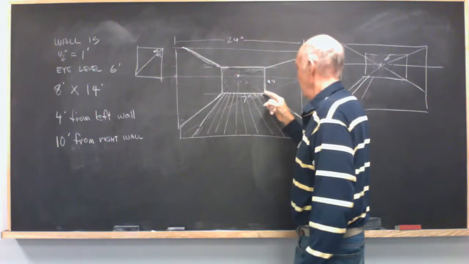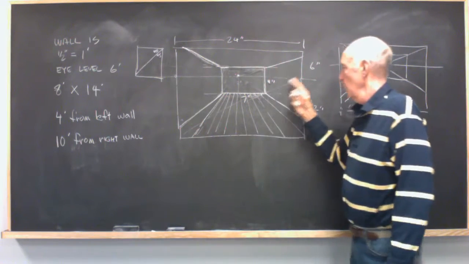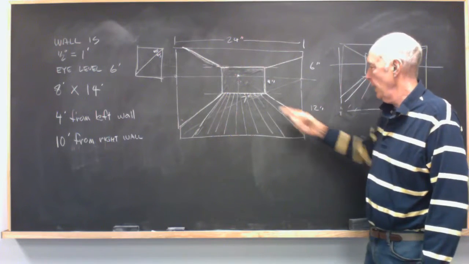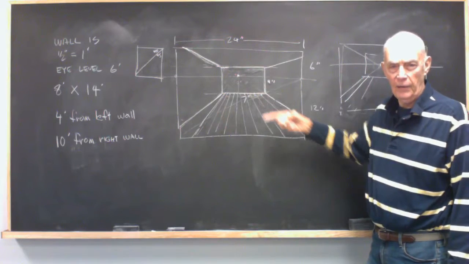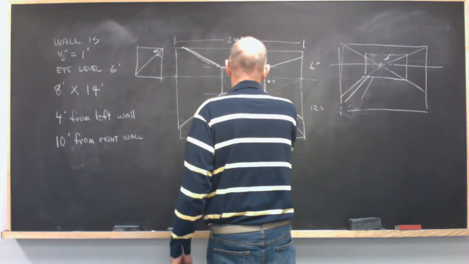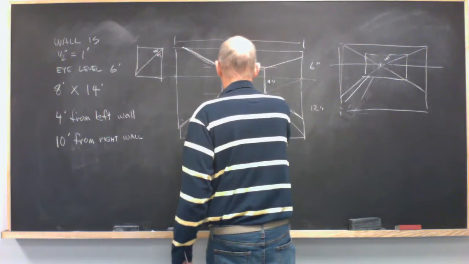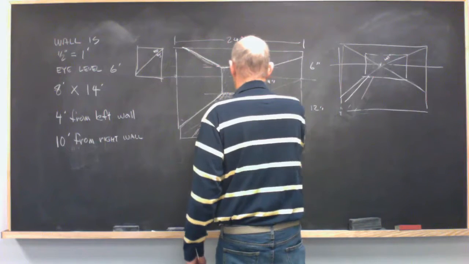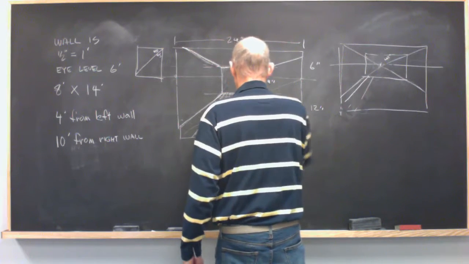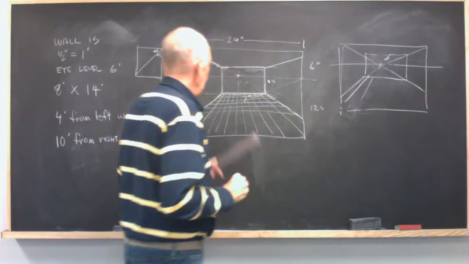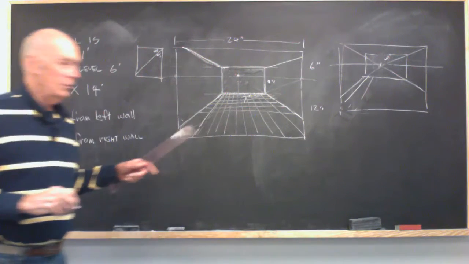And wherever that construction line crosses the tracer lines of the floor pattern, you draw a horizontal. And you just walk right on out. And you'll notice that these start getting wider and wider apart as you move away.